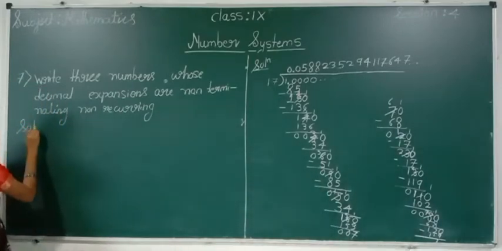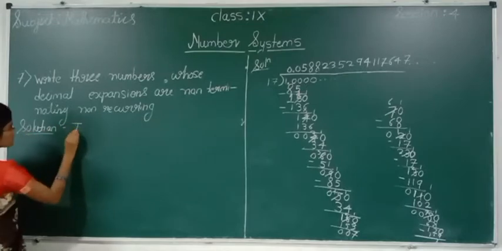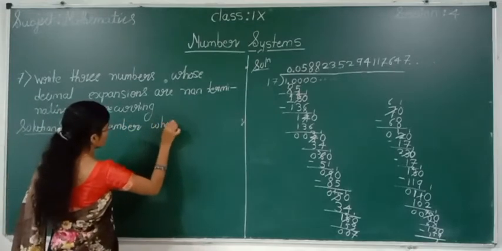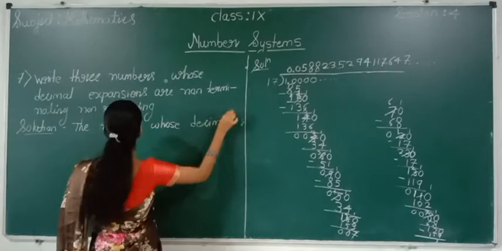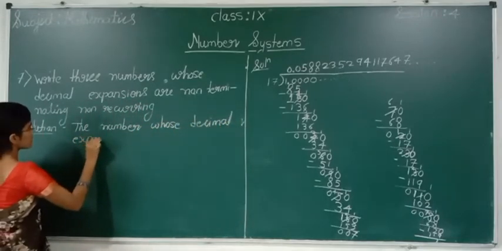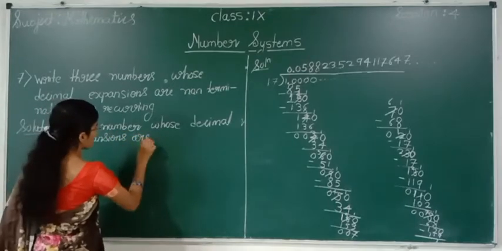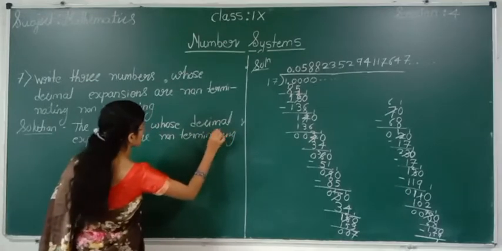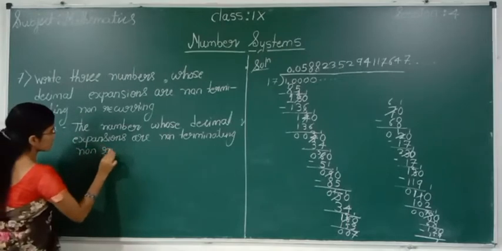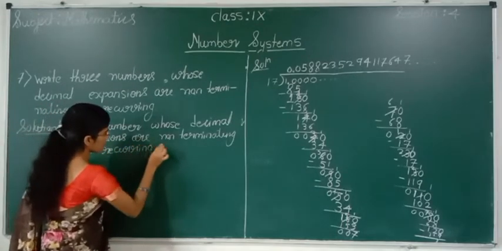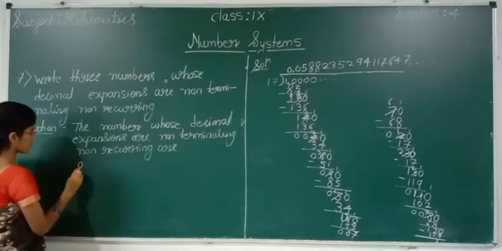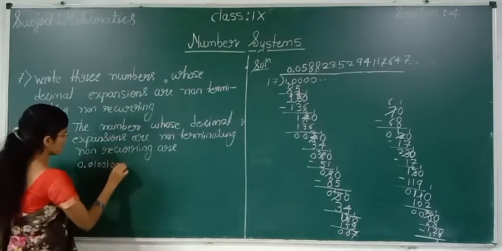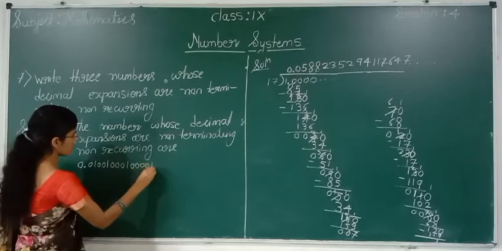Okay, write the solution. The numbers whose decimal expansions are non-terminating, non-recurring, we can give an example: 0.01001000100001.